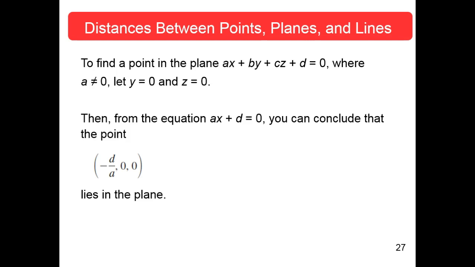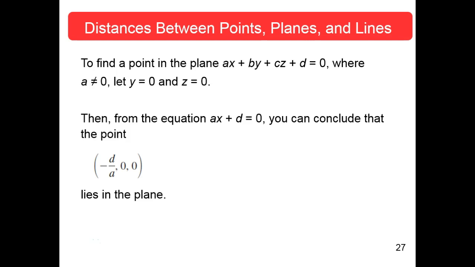Find the point on the plane AX plus BY plus CZ plus D equals 0, where A is not equal to 0. As long as A is not 0, set Y and Z both equal to 0. Then you get AX plus D equal to 0, so X is equal to minus D over A.